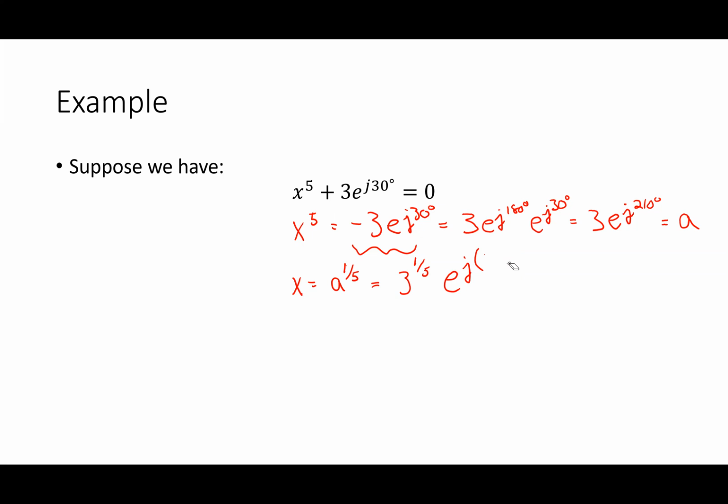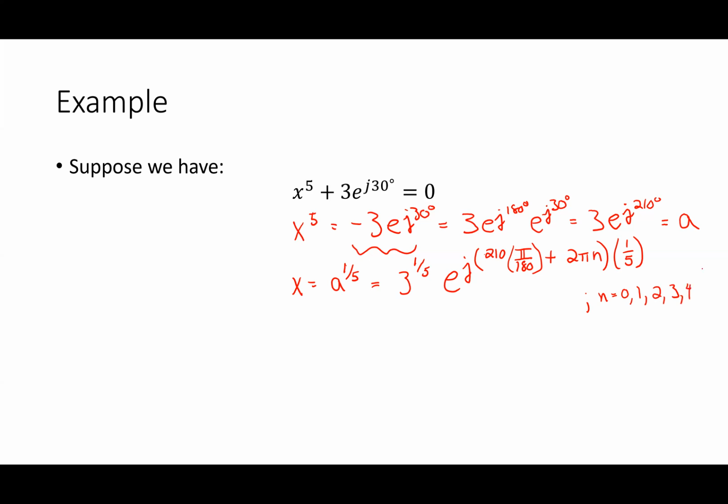So I'm going to write this angle like so: 210 times pi over 180, that's the conversion from degrees to radians, plus 2 pi n, all raised to the 1/5 power. And this is true for n equals 0, 1, 2, 3, 4.